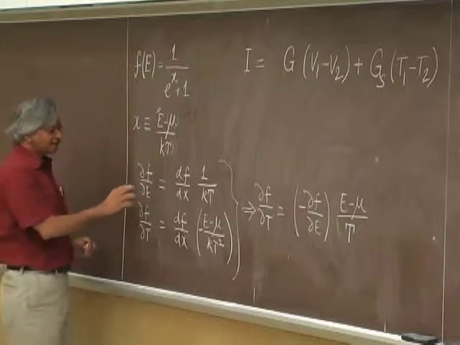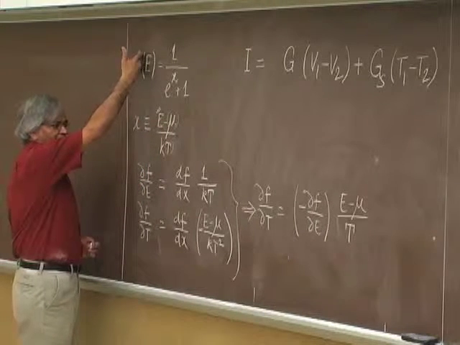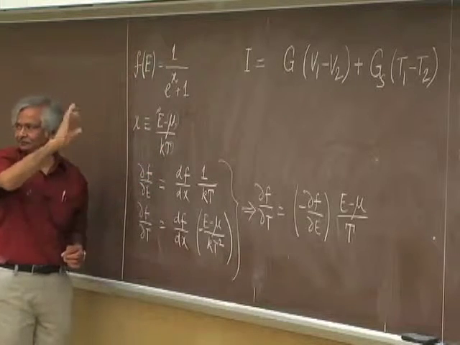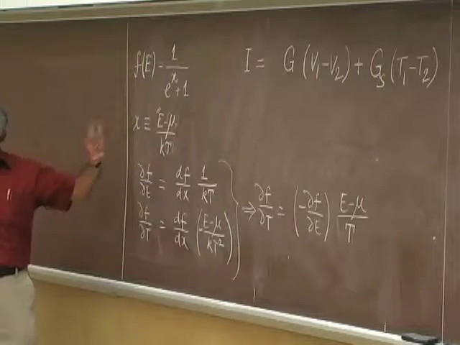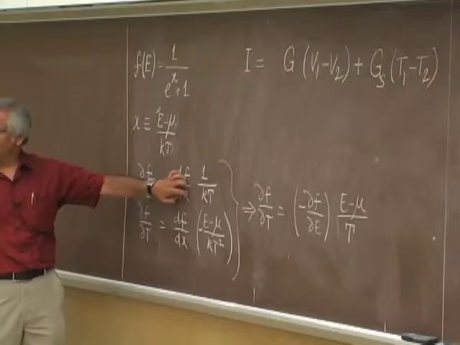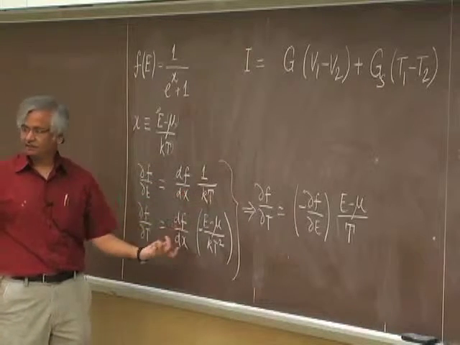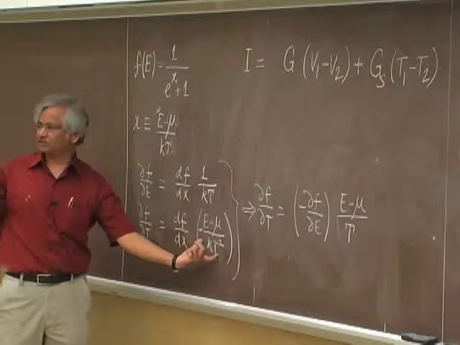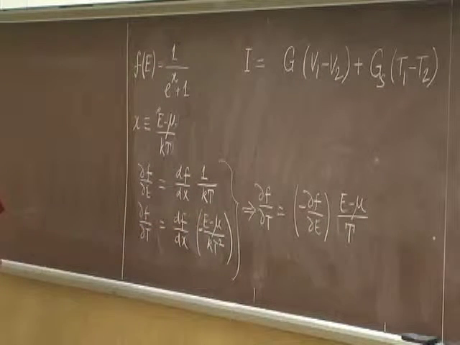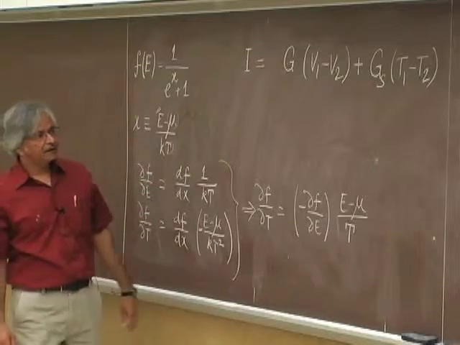If I change E, x changes by a certain amount and that's why F changes. And if I change T, again x changes and then F changes. That's why they are related, because finally it is all about how f changes with x. The question is, for a little change in E or a little change in T, how much does it change x? And that's what this part is.